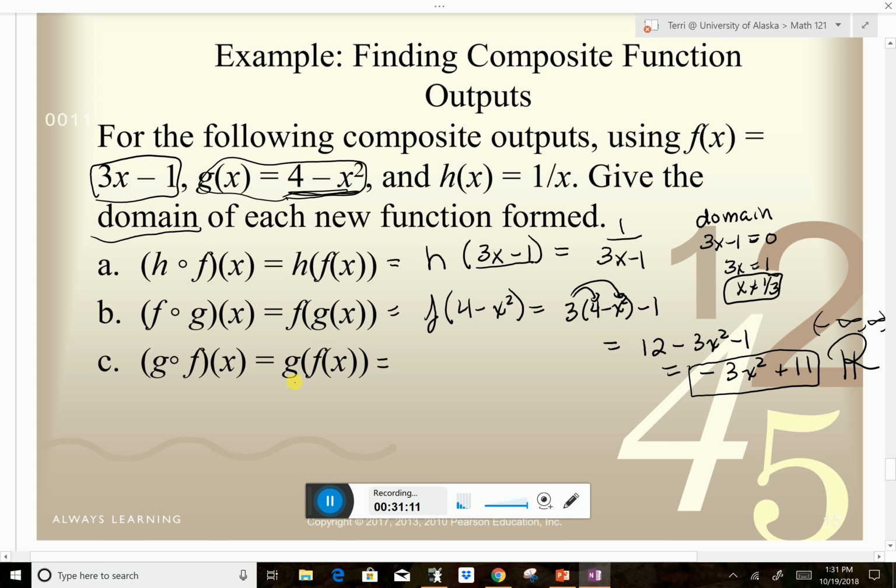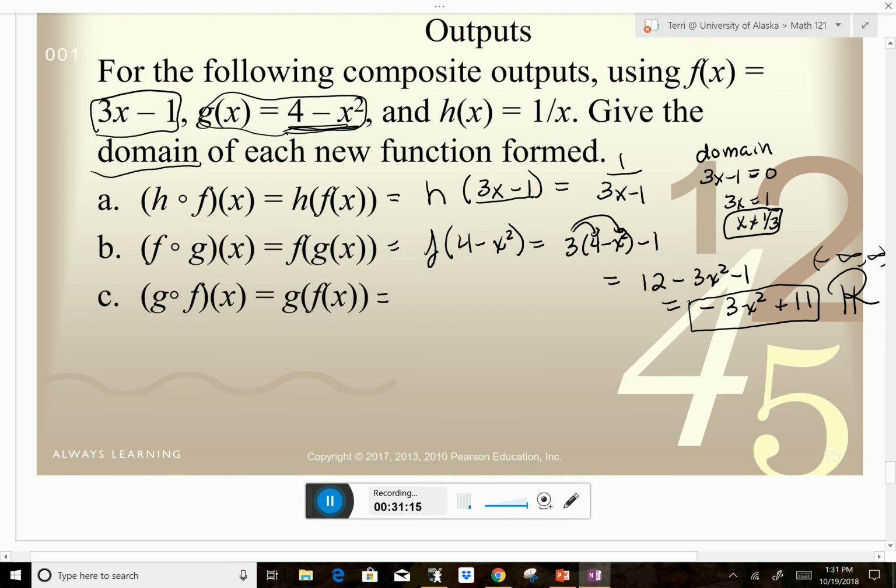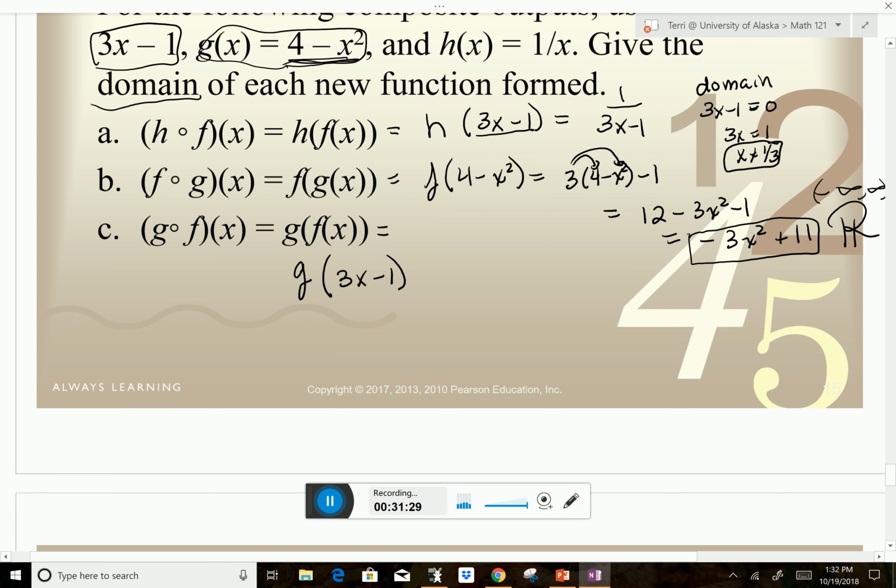So now we have g of f of x. So this is just the backwards of this one. So this is g of my 3x minus 1. So now g of x takes x, it squares it, and subtracts it from 4. So now I want to take this number right here, square it and get it subtracted from 4.